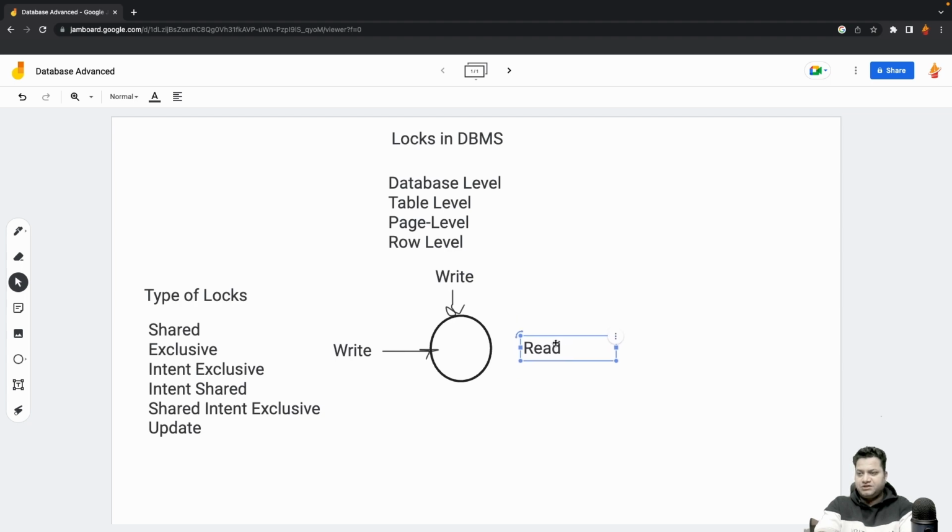Which read, what value? We can simplify it further. This is updating A, this is updating B, and we can assume this was already some value, let's assume this value is C. So my question to all of you: what value will the read get?